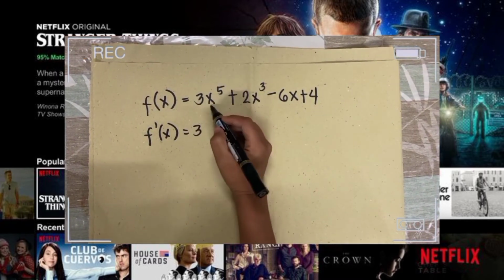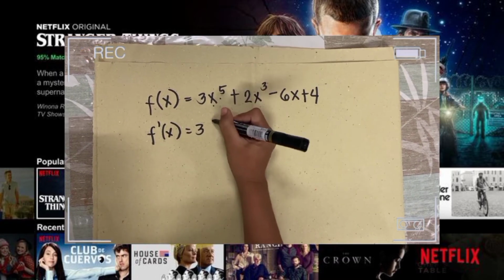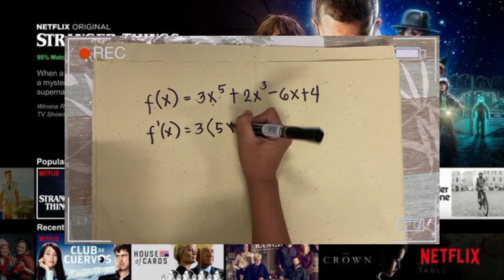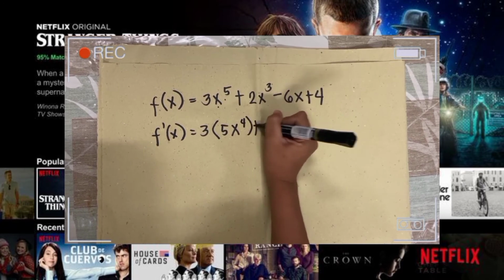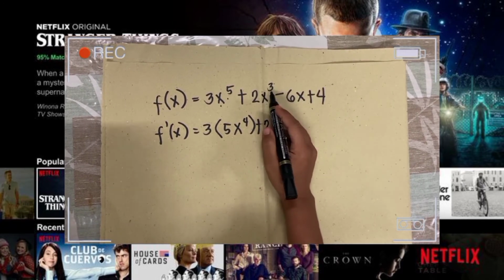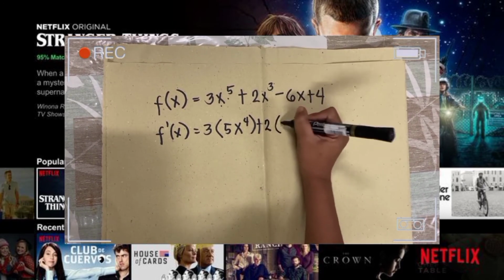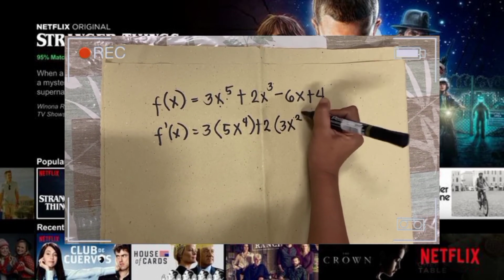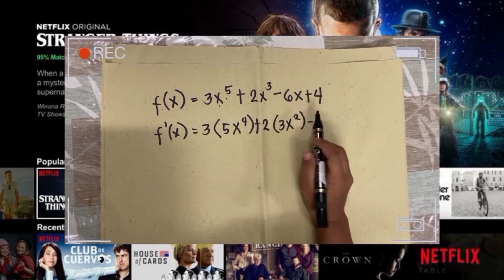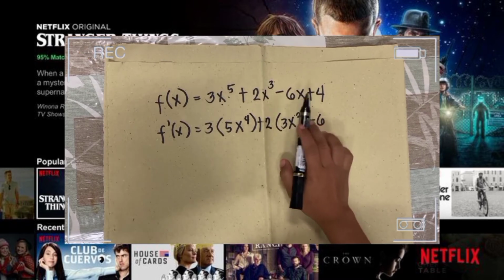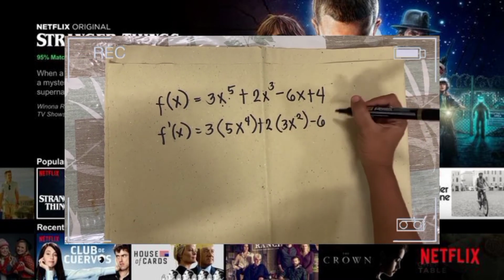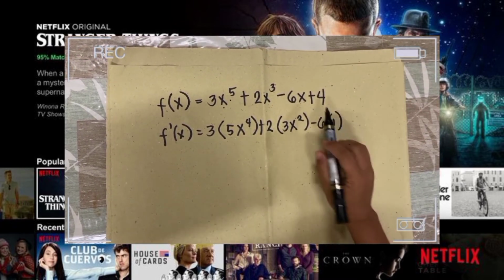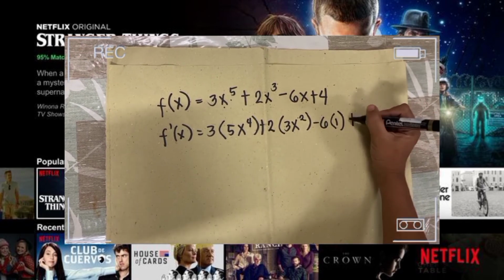The derivative of x to the power of 5 is 5x to the power of 4, plus the derivative of x cubed is 3x squared, plus the derivative of x is 1 and the derivative of a constant is 0.